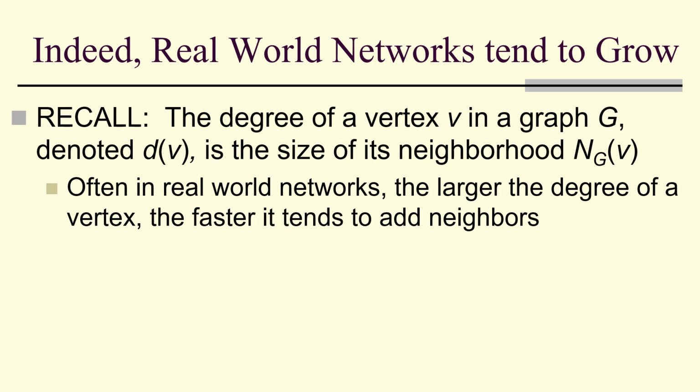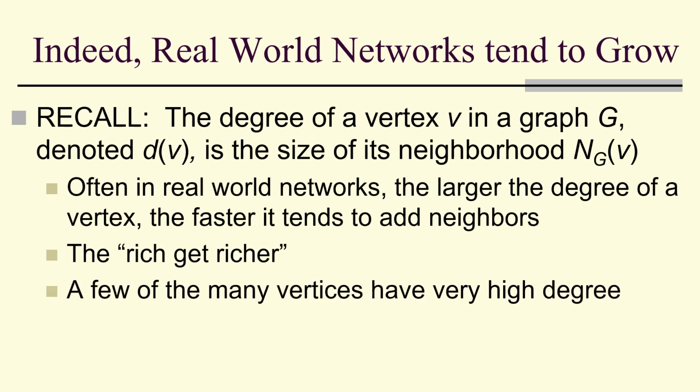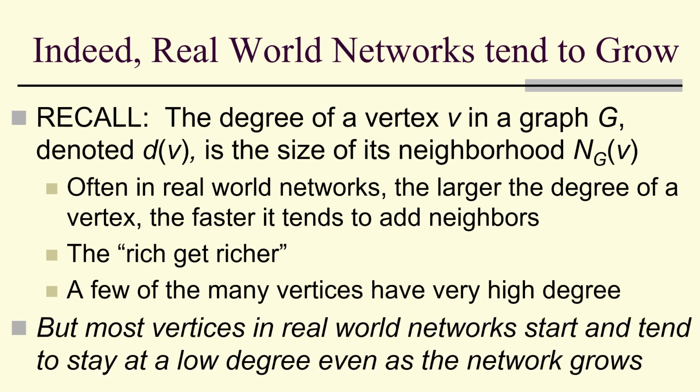Often in real-world networks, the larger the degree of a vertex, the faster it tends to add neighbors. The rich get richer. A few of the many vertices, therefore, will develop very high degree. But most vertices start and tend to stay at a low degree even as the network grows.